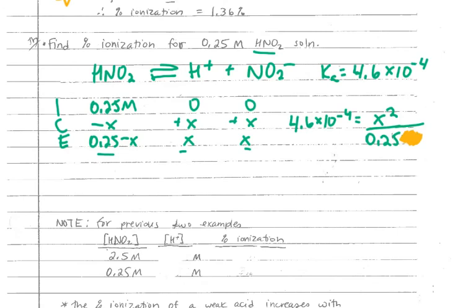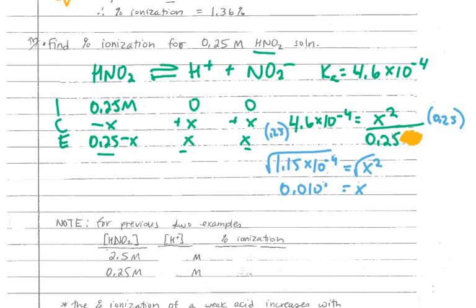And so we multiply both sides by 0.25, and we get 1.15 times 10 to the negative 4th equals X squared. Take the square root of both sides, and X equals 0.0107.